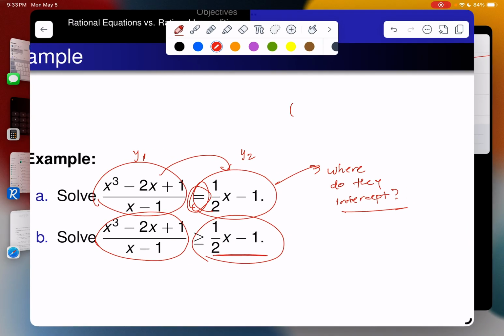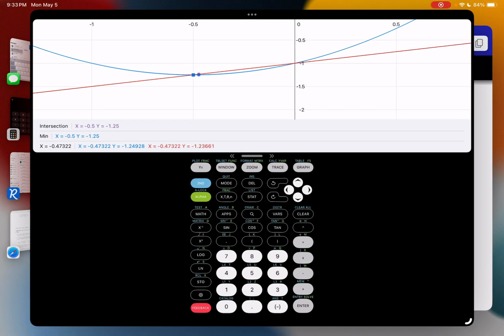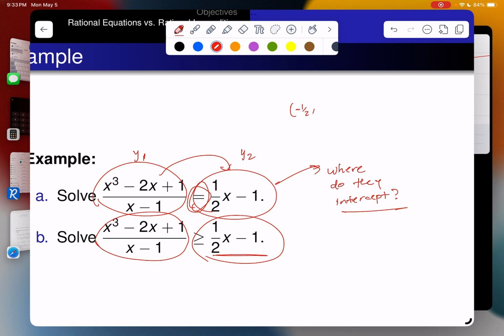So negative 1/2 and negative 1.25, or negative 1/2, negative 5/4. The first x value, since we're solving for x, is just x equals negative 1/2.